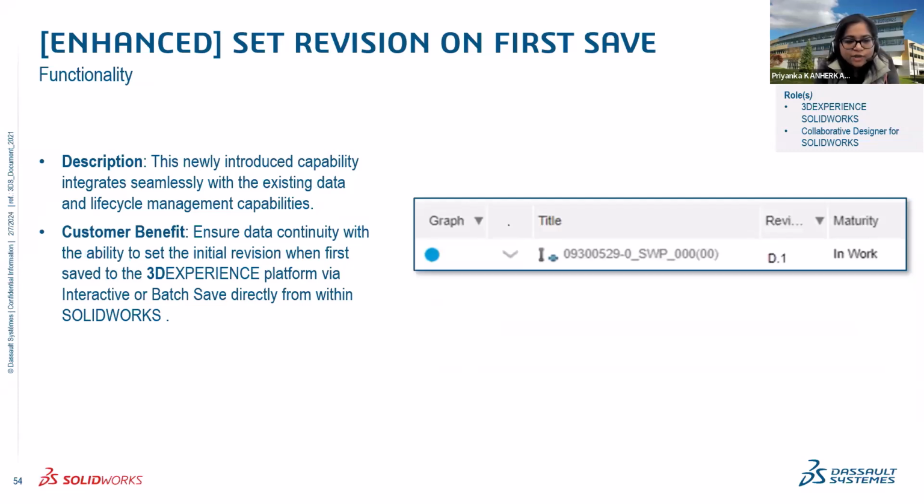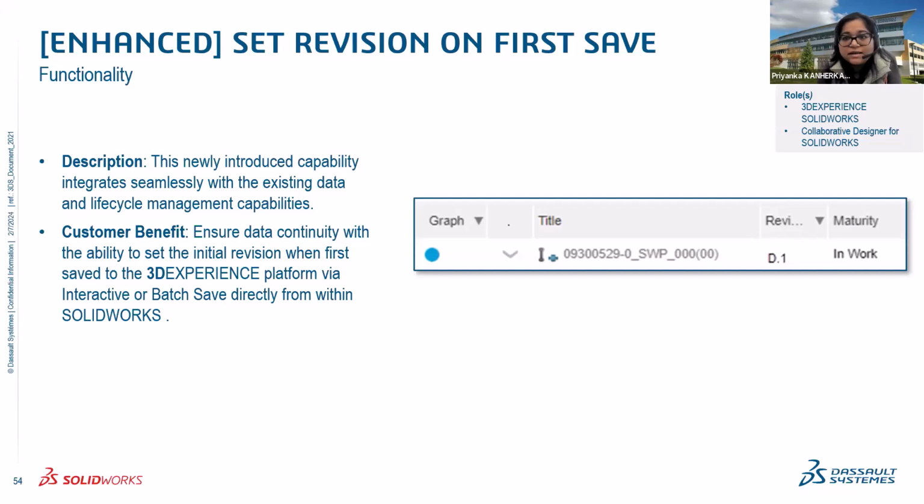When you save new data on the platform, it starts with the initial revision, as set by the 3D Experience platform, which is A1. This can be problematic if a user's product is already at a different revision. This mismatch of information makes it difficult when moving to the platform. With this enhancement, customers can set a target revision number while saving their data to the 3D Experience platform, and it happens on each file, solving this issue of mismatch.